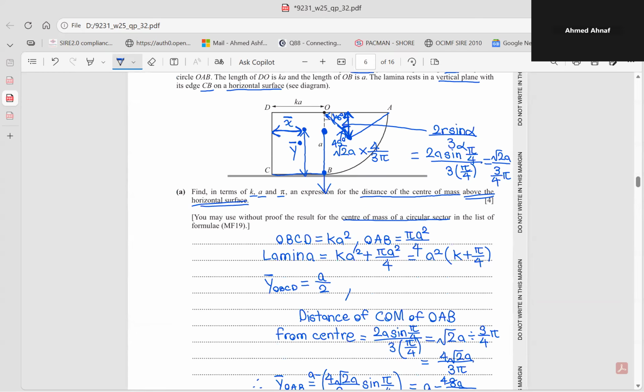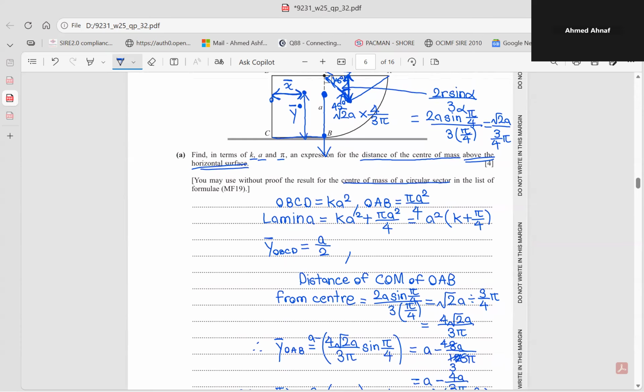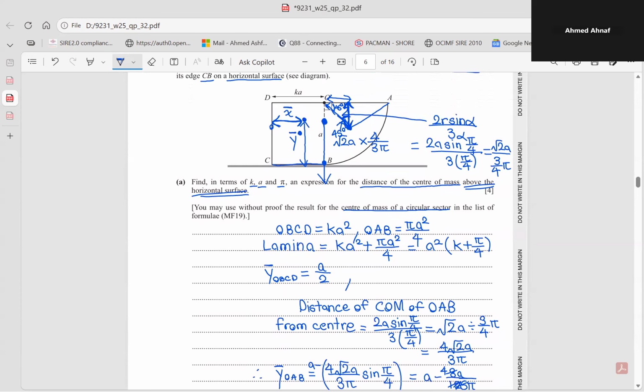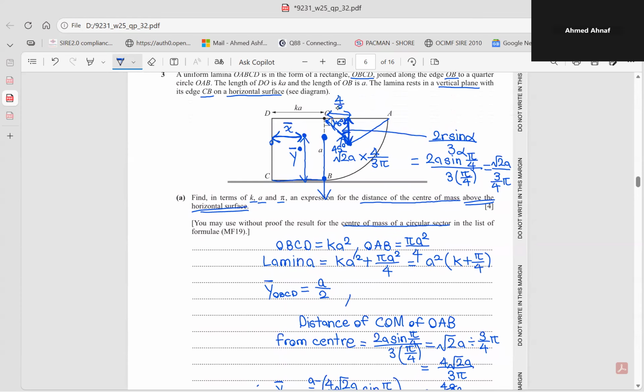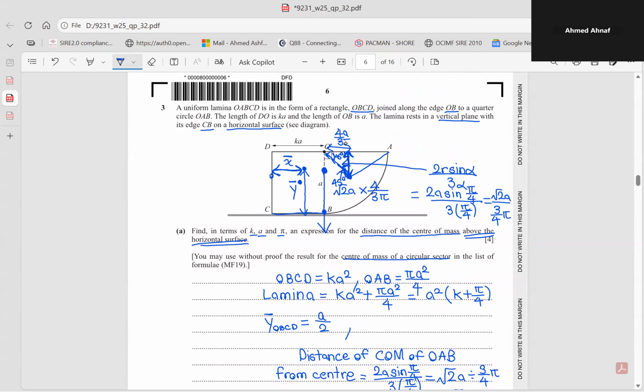To find the horizontal distance of the center of mass of the sector from here to here, we first have to find this length. In the previous part, we found this length here, and that is just 4 over 3 pi. So this is also 4a over 3 pi.